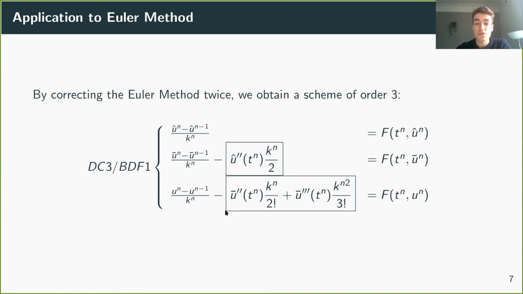We calculate a new truncation error based on the previous solution, so it's based on U bar, and we obtain another new solution U whose convergence is supposed to be order 3. So this method helps to keep, because BDF1 is A-stable, as I said, it helps to build a method of order 3, but still A-stable, because if we build a BDF3, for example, it's order 3, of course, but it's not A-stable.